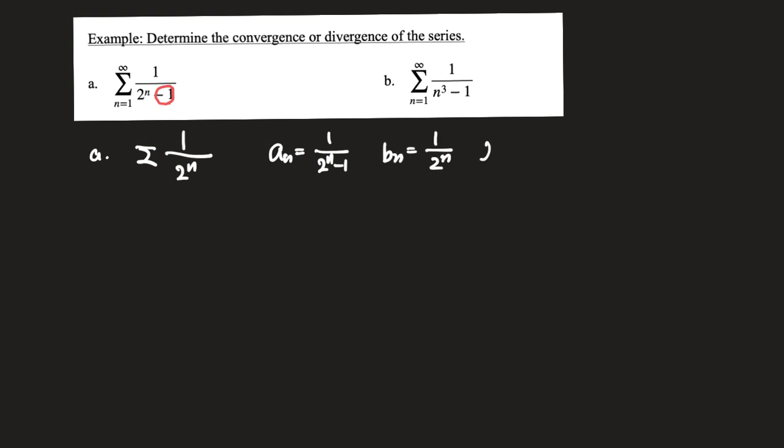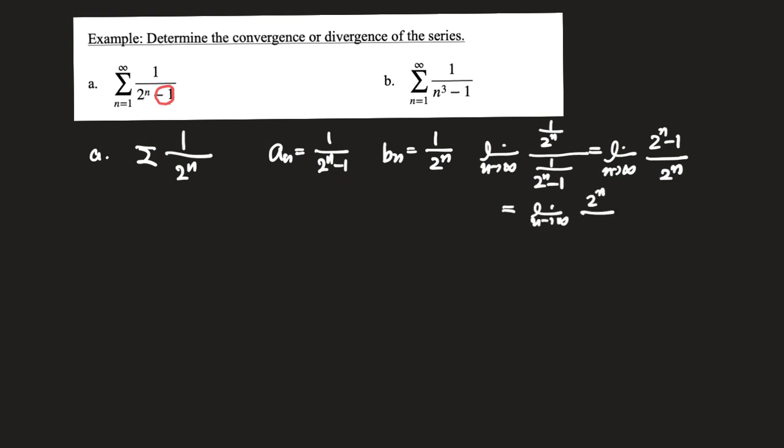Then we want to find the limit as n approaches infinity. Which one goes on top? It's okay. 1 over 2n over 1 over 2n minus 1. This is the limit as n approaches infinity of 2n minus 1 over 2n. So how can we find the limit? You're gonna separate it: 2n over 2n minus 1 over 2n. This one cancels out. That's gonna be 1.